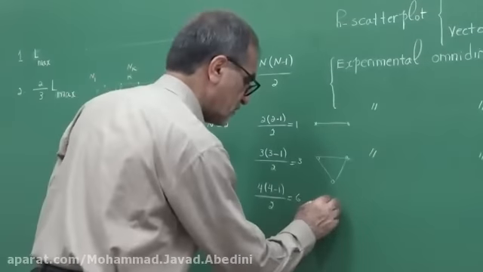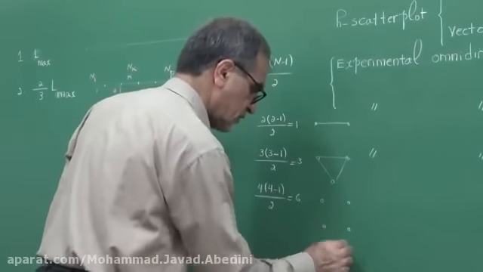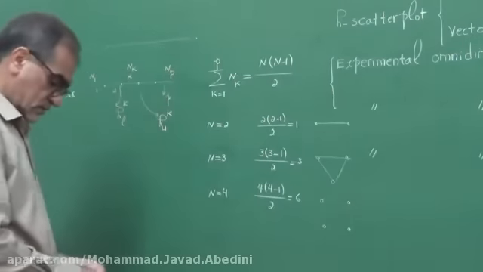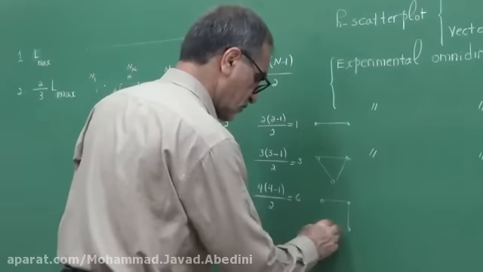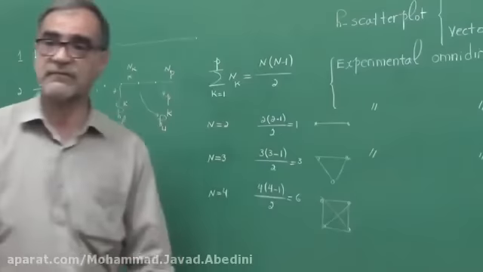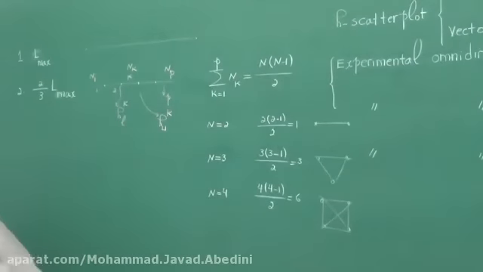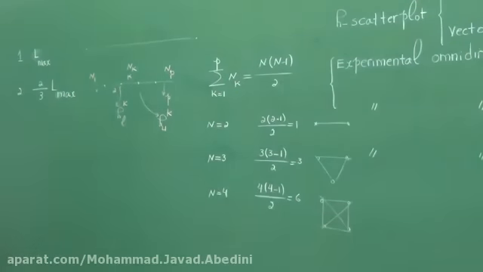And if you have 4 points, then pair number 1, pair number 2, pair number 3, pair number 4, 5, 6. And you keep going.